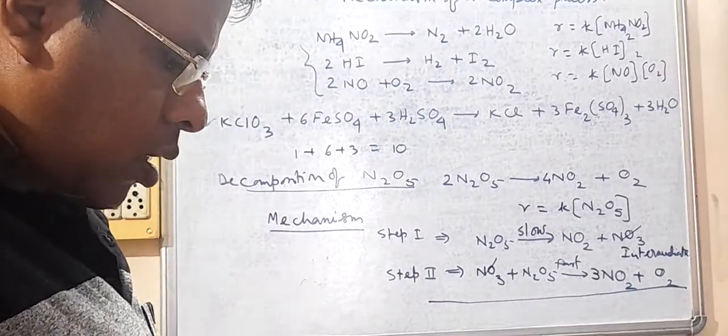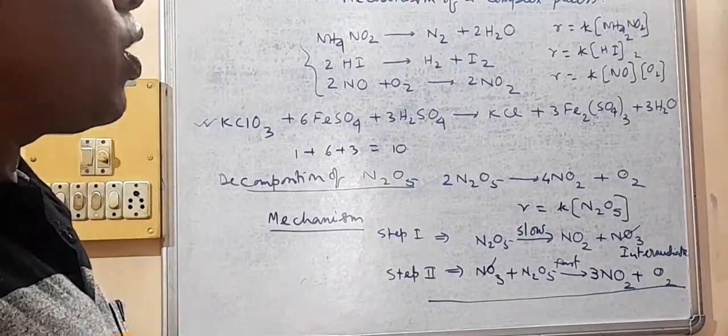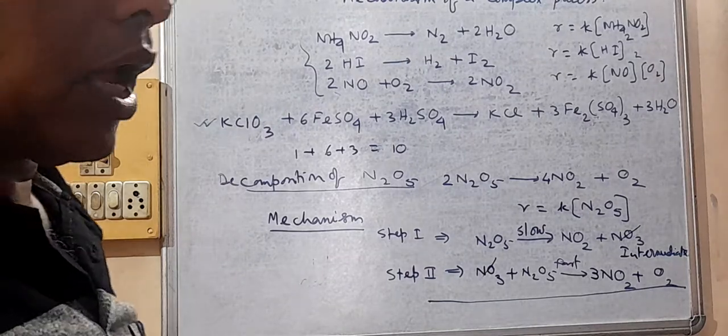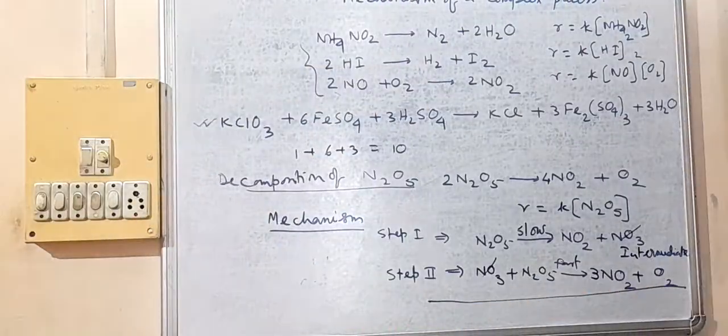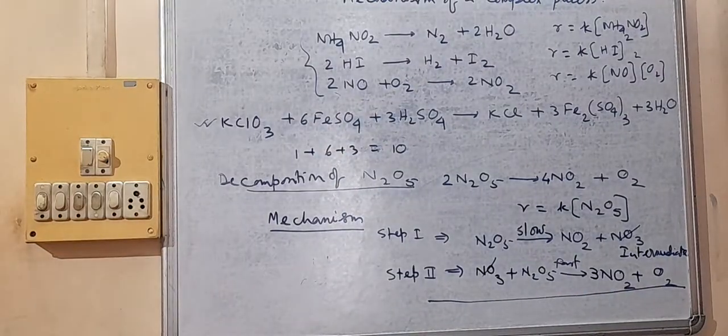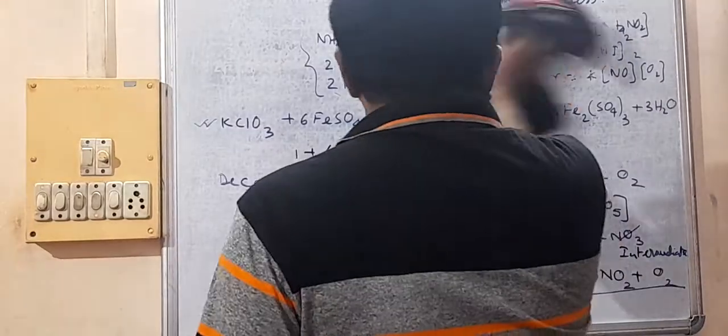Now we are going to discuss another thing: temperature has a profound effect on the rate of a chemical reaction, and there is one equation called the Arrhenius equation, that we are going to discuss now.